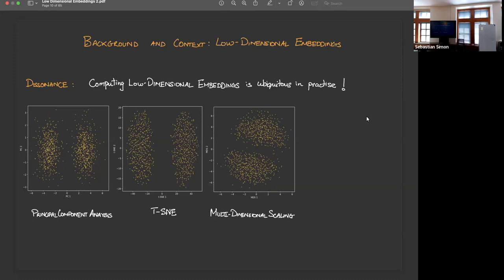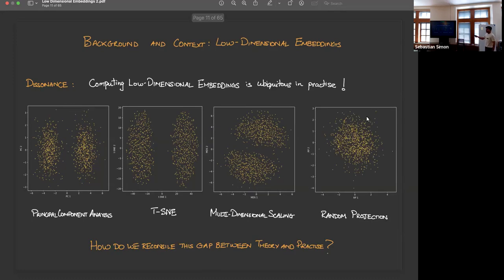And as you can see, they recover these clustering structures. But if you do random projections, the algorithm I described in the previous slide, we get basically nothing. You just get one giant mess. Okay. So then the actual question to ask here is, how do you reconcile this gap between theory and practice?